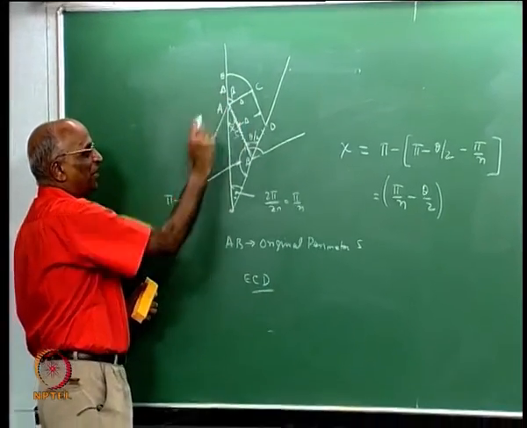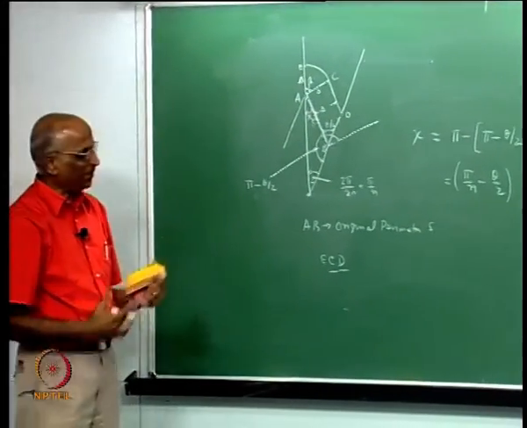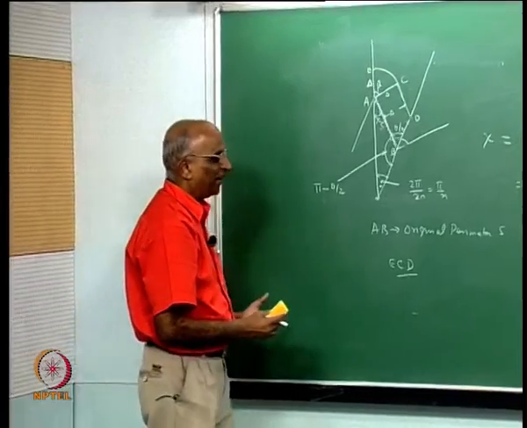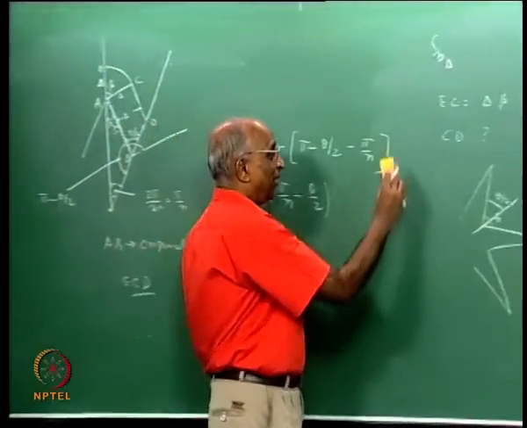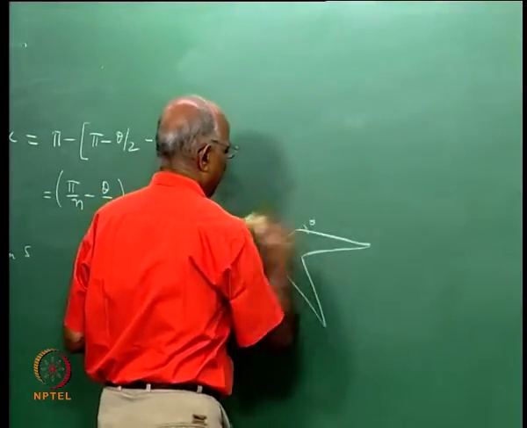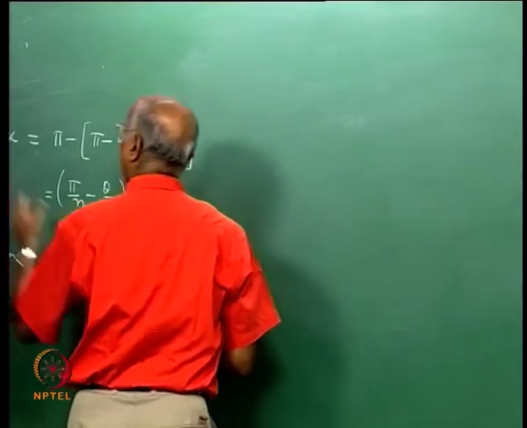Therefore, what is the value of beta now? See, it is a simple geometric problem, and we must be able to do this because any evolution is done like this. Therefore, what is the value of beta?